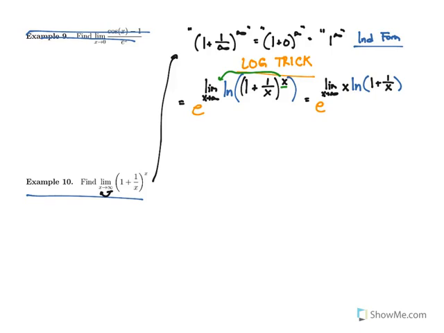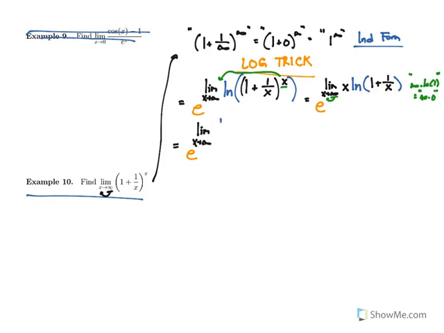And now let's deal with that limit. When you plug in infinity here, you get infinity times natural log of 1, which is going to be infinity times 0. That's an indeterminate form, so we need to manipulate that algebraically. But we are able to do that, and we can write this as e to the power of the limit as x approaches infinity.